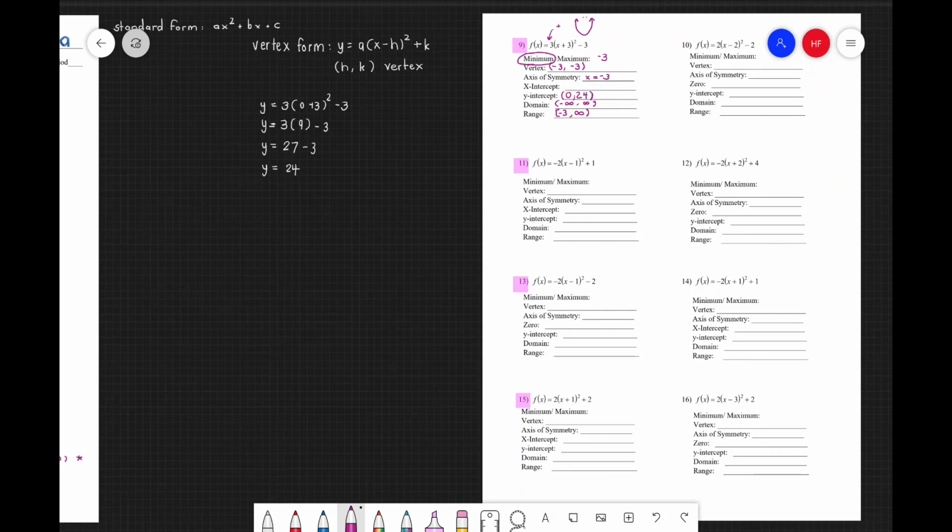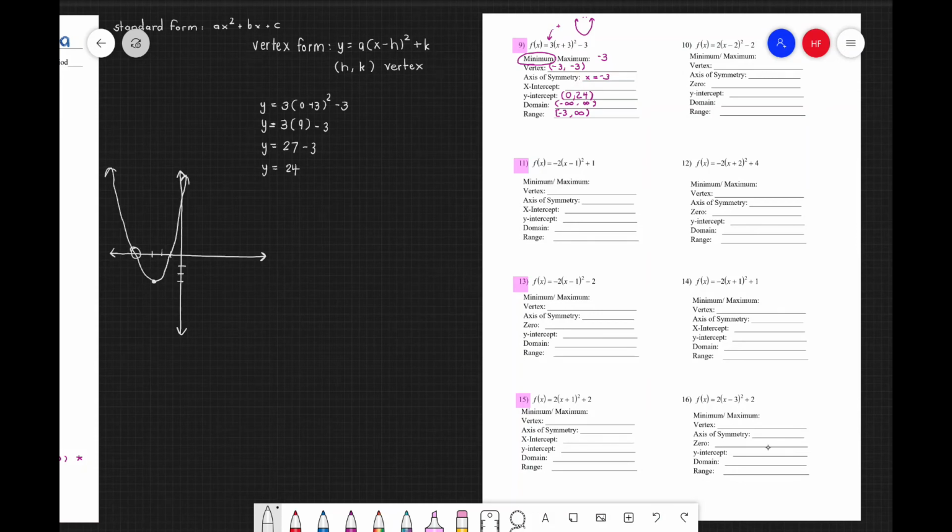And then I need to find my x-intercept, or see if I have any. So we'll do a rough sketch over here. I have a positive quadratic, so it is opening up with a vertex at (-3, -3). So it's over here, and it is opening up.